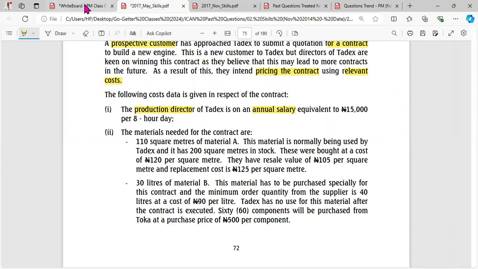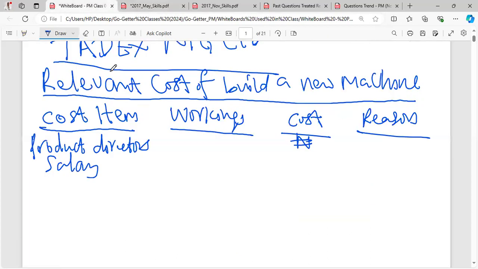Now you will be tempted to go and calculate 15,000 times 8 hours. But let me tell you, the production director is not a frontline production staff, and so he's not going to be involved in the making of the machine. His cost is already guaranteed, and as such, it is not relevant to this situation. So I will put the cost here as 0.